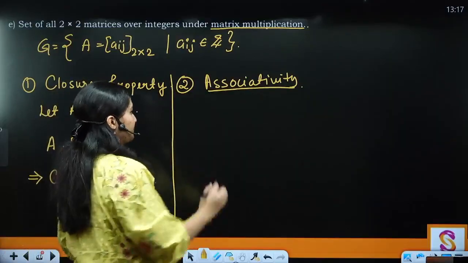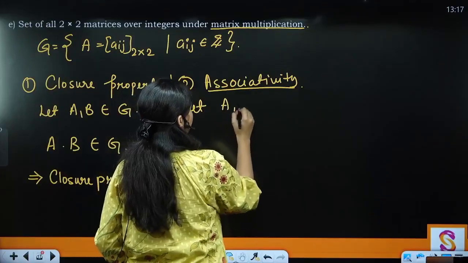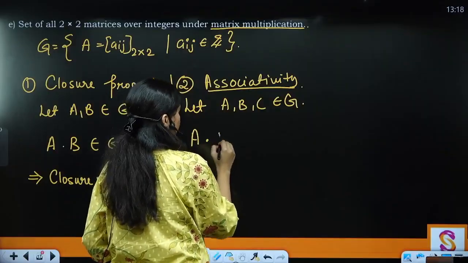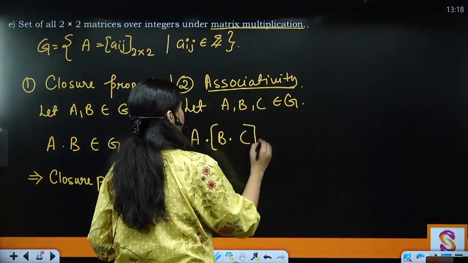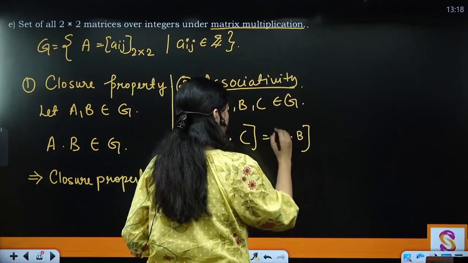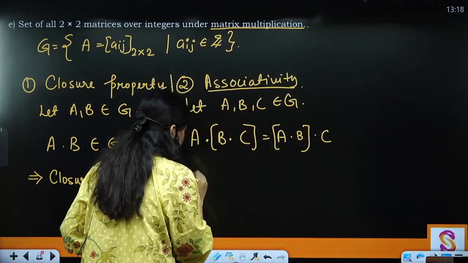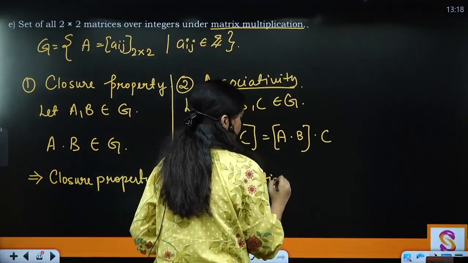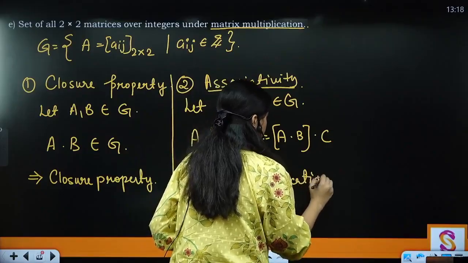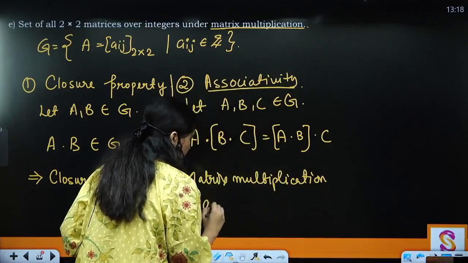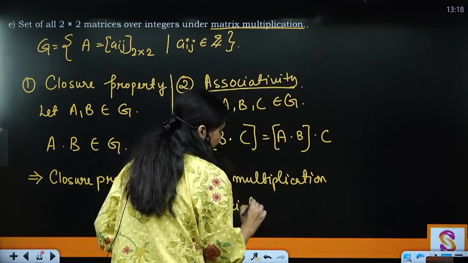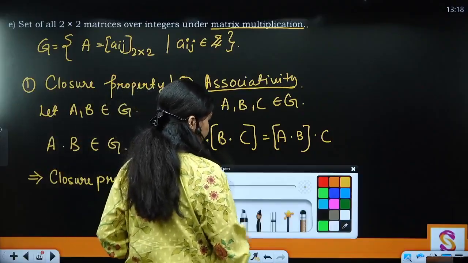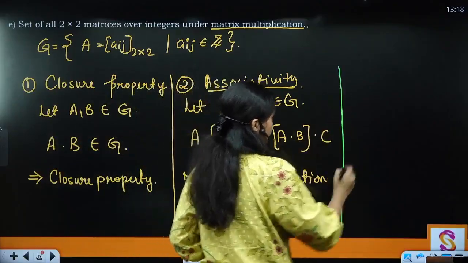For now, I will be saying that let A, B, C belong to G and A dot B dot C equals A dot B dot C, matrix multiplication is associative. Okay. So take it as a homework. You will have to put in some effort on the side so that it gets etched into your memory.